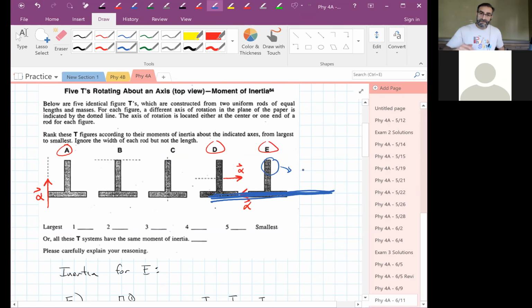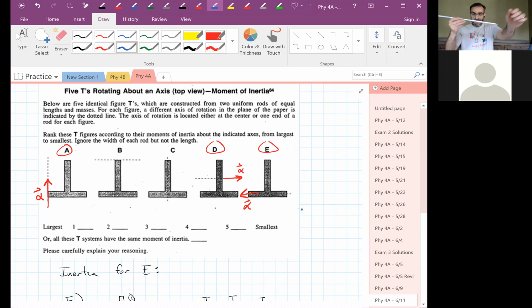It's going to roll over in that direction, down into the page. Then you put your thumb along the axis of rotation such that the fingers on your right hand curl that way. This is a top-down view.